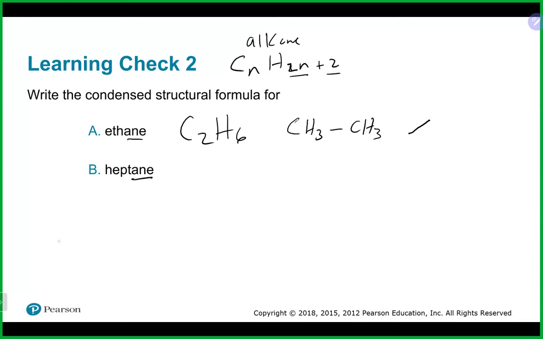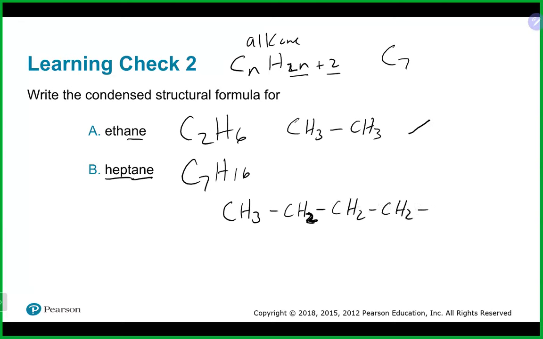Heptane also tells us it's an alkane. Hepta tells us it's 7. So C7: 7 times 2 is 14, plus 2 more is 16. In this case, we can go CH3, CH2, CH2, CH2, CH2, CH2.